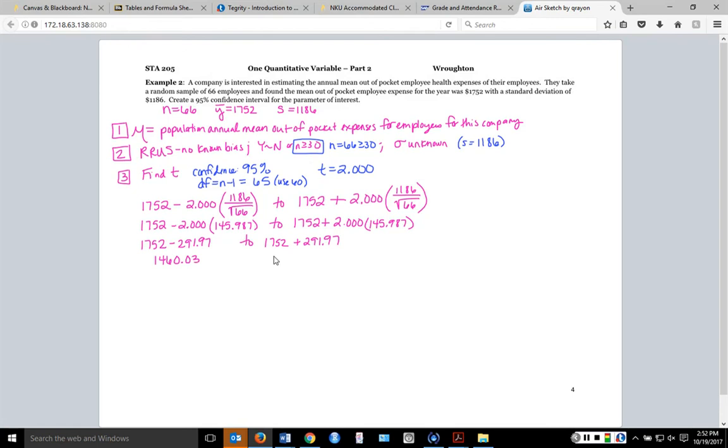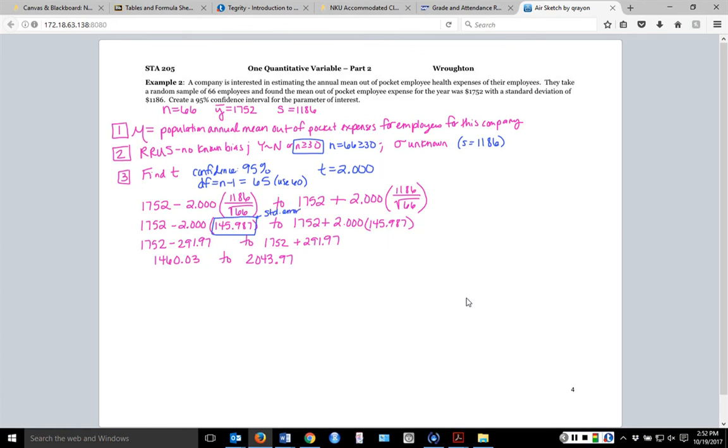Here I rounded things to 2 decimals since we're talking about money. There's the math done for us. That is kind of a quick reminder of some terms that we've talked about. So this 145 number, that's our standard error.